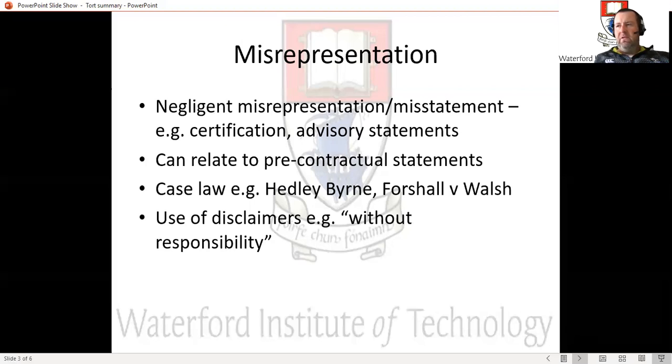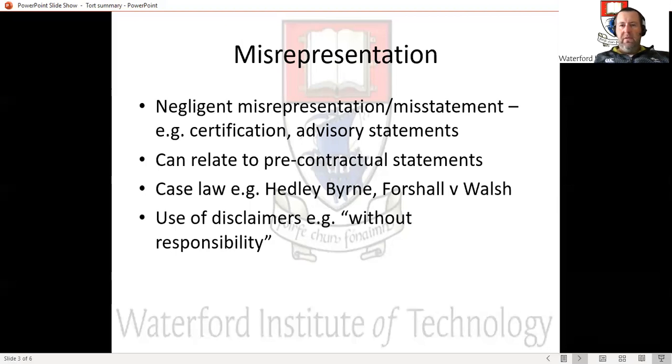Obviously, if somebody doesn't check the accuracy of that false statement, then it's likely to fall under the breach of duty of care and negligence idea. A misstatement, one could argue, is slightly different, although the courts tend to treat them the same and consider them to be much the same thing. A misstatement, we could argue, is more of an advisory statement. So, for example, you might seek advice from one person to deal with another.